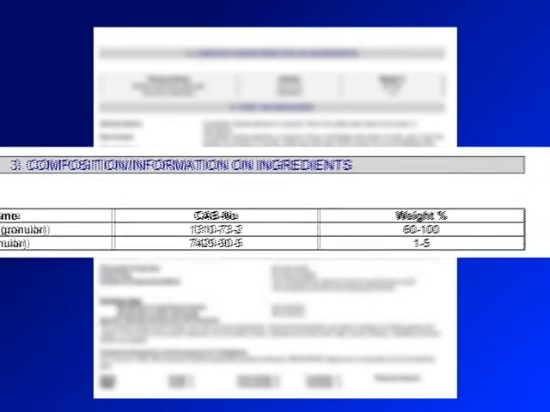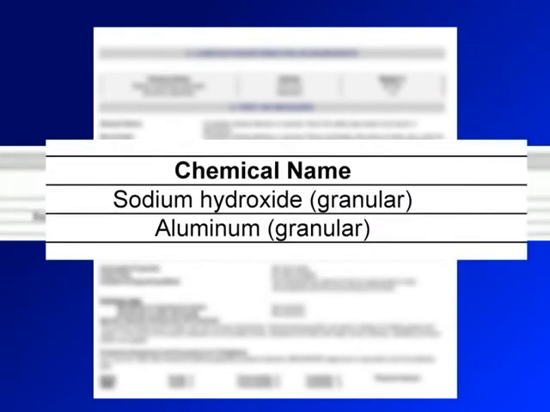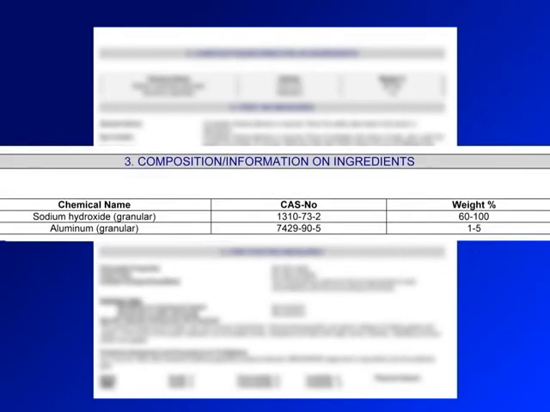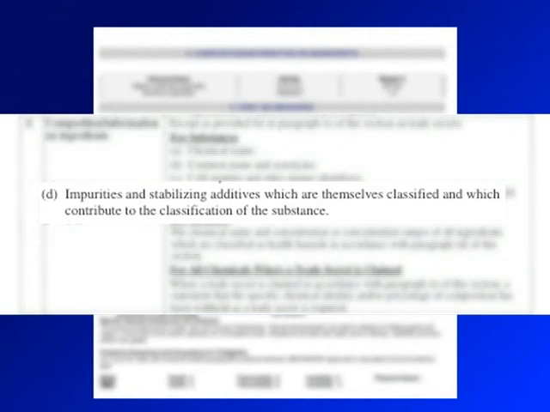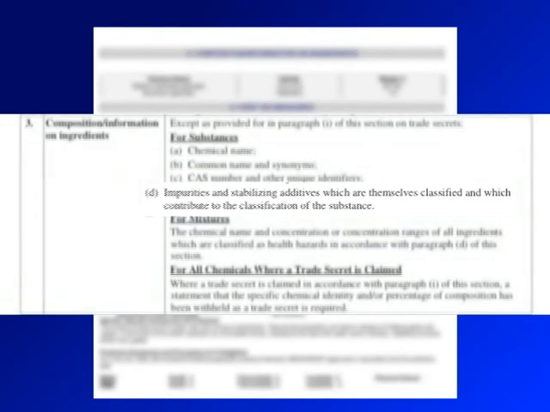As the heading implies, this section provides information on the composition of the chemical. For substances, the SDS will list chemical name, common name and synonyms, CAS number and other unique identifiers, impurities and stabilizing additives, which are themselves classified, and which contribute to the classification of the substance.